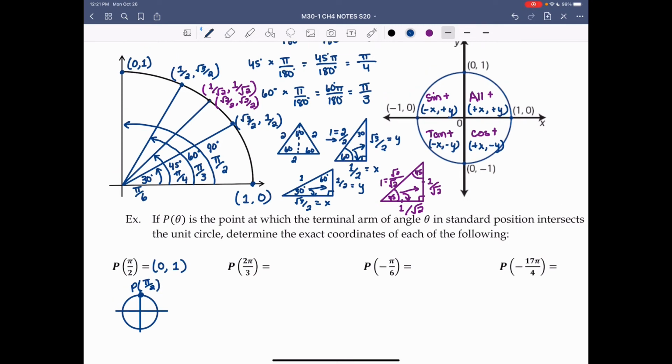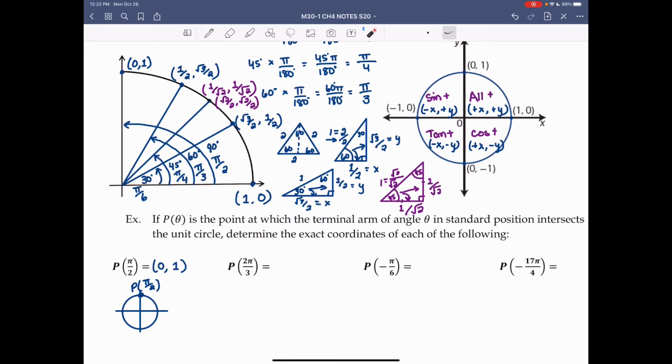P of 2 pi over 3. When you're working with angle measures in radians, my best suggestion is to simplify the fraction first, so fully reduce it. Then if you still have a denominator, your denominator will either be 3, 6, 4, or 2, and then you can look at quadrant 1 of the unit circle and your reference angle will be the same.